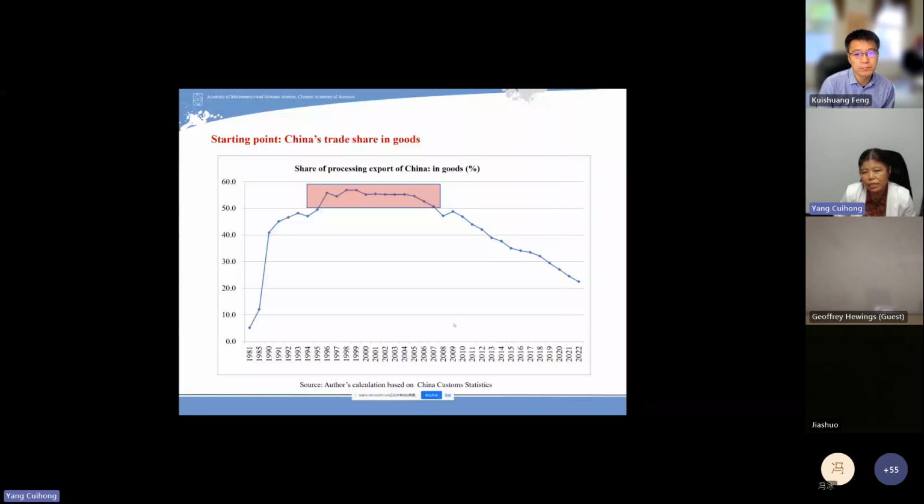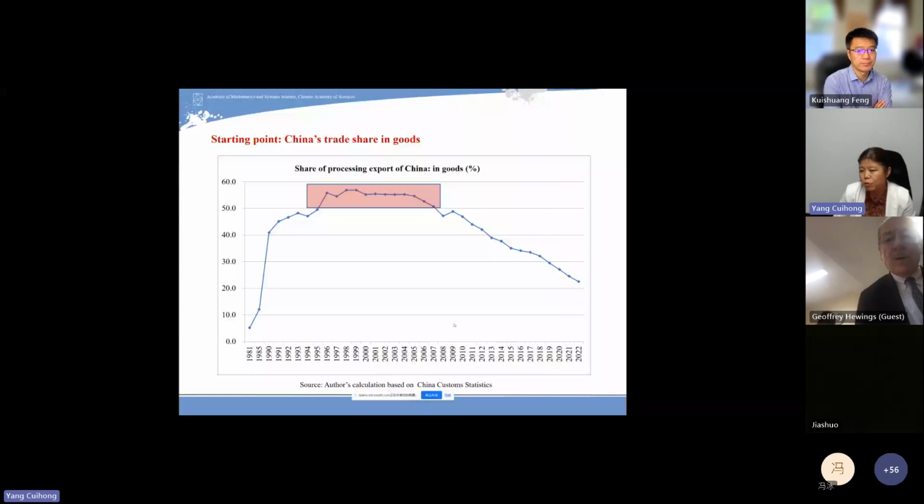The decrease of China's processing export is due to many reasons, many determinants. Of course, the policy issue is also one of the determinants of the decrease of Chinese processing export share. But actually, if we look at globally, we suppose that the share of Chinese processing export may be transferred to other countries and regions.